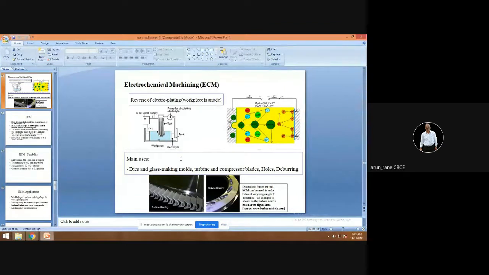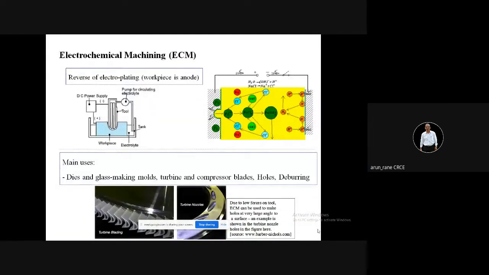Then again, see, we have chemical etching, then we have photochemical etching, and then we have electrochemical machining also. That is what is called ECM. So this is the diagram for electrochemical machining. It is exactly the reverse of electroplating.